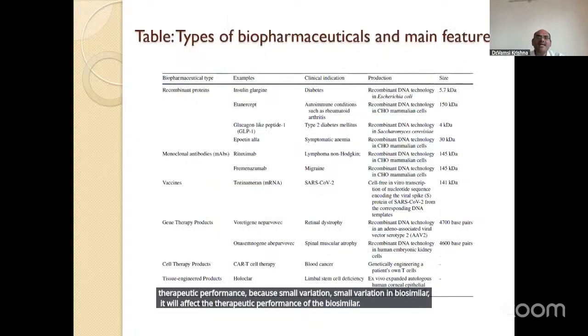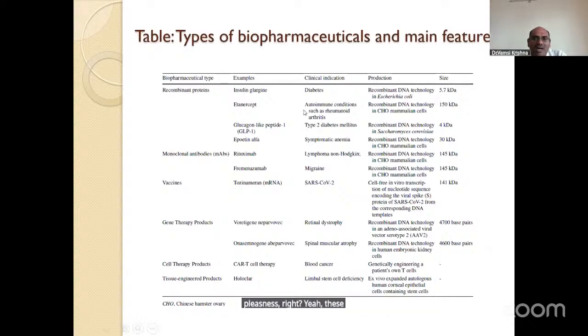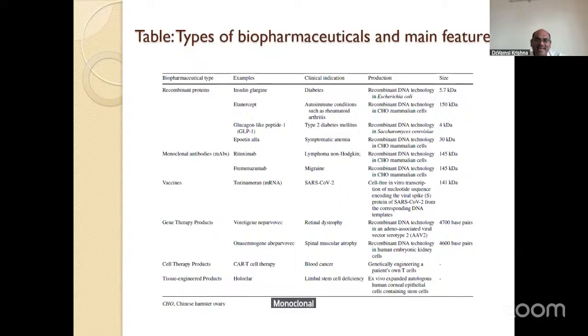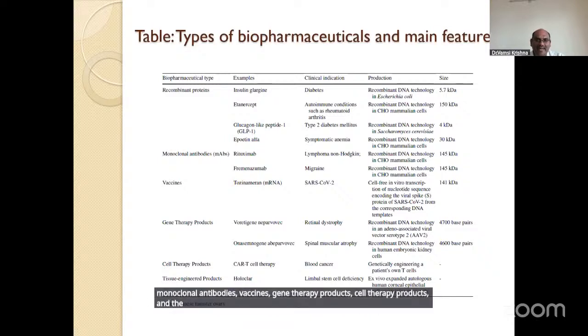Next slide, please. These are some examples of biopharmaceuticals, namely recombinant proteins, monoclonal antibodies, vaccines, gene therapy products, cell therapy products, and tissue engineering products. All these are different types of biopharmaceuticals.